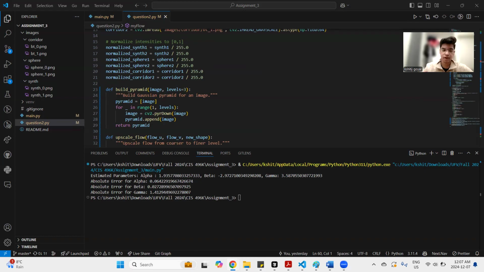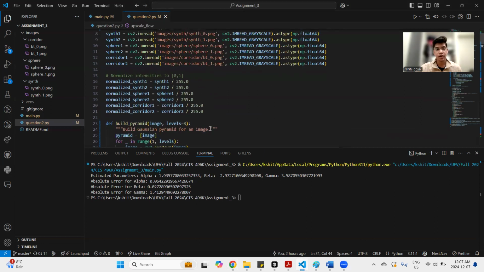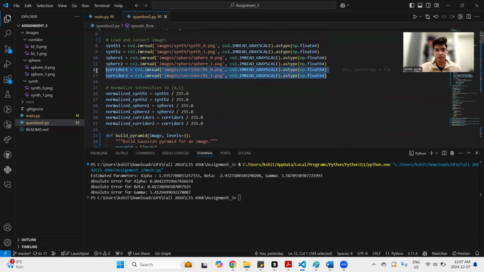The assumptions of the Lucas-Kanade method are constant brightness, small motion, and that neighboring pixels typically move similarly. One other thing is that in my code, I implemented a pyramid because for the third set of images, the corridors, there was a big shift from image one to image two.